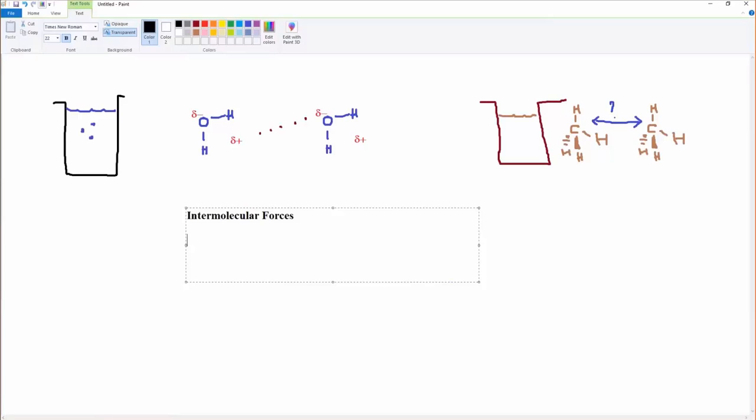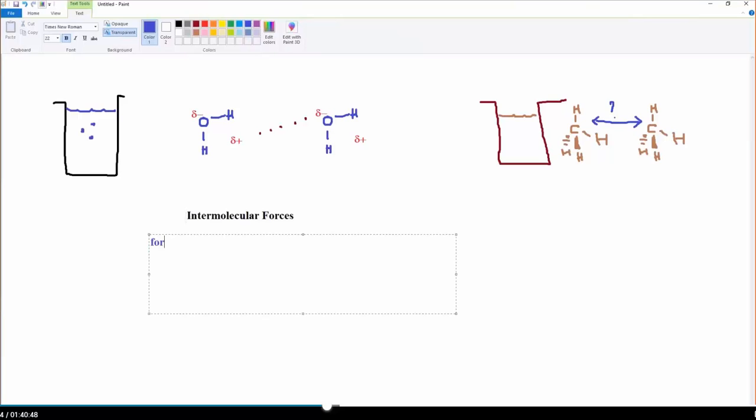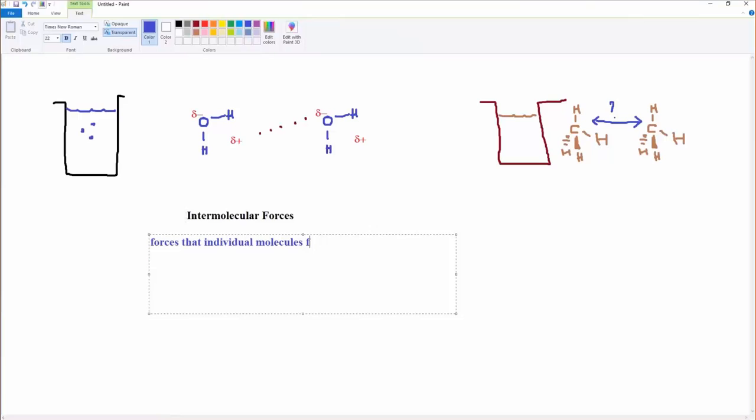Intermolecular forces are, as the name describes, the forces that individual molecules feel when they interact with other molecules. Inter is in between, so forces between molecules.